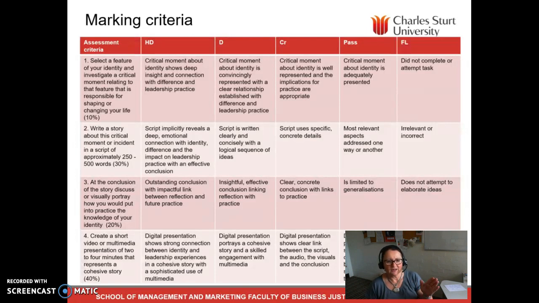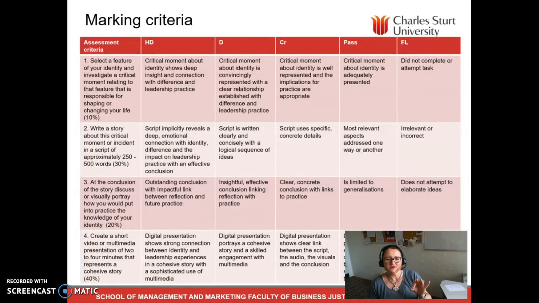So the first thing is selecting that feature of your identity and investigating a critical moment. So actually saying what that is, and then from a high distinction to a fail. So if you don't attempt the task, you fail. If you show deep insight and connection with difference and leadership practice, you're more likely to get a high distinction, okay? And then it steps down.